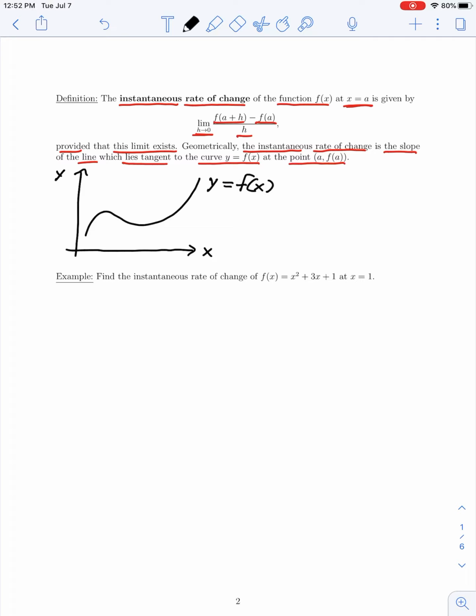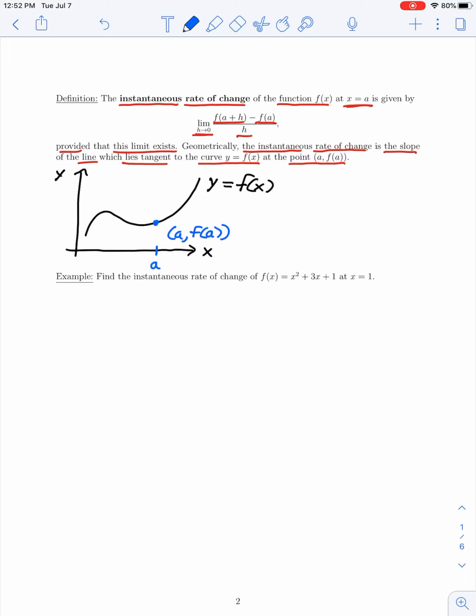And let's say that I choose some point on the graph of my function corresponding to a specific value of x, let's say x equals a. So this point on the curve would have an x-coordinate of a, and the y-coordinate would be given by f of a, since it lies on the graph of this function.